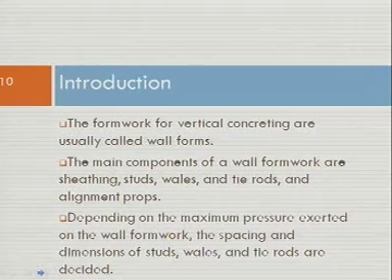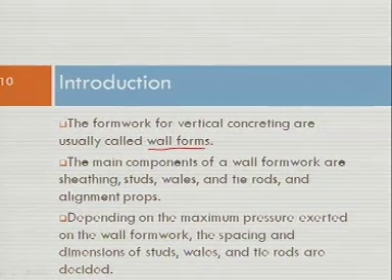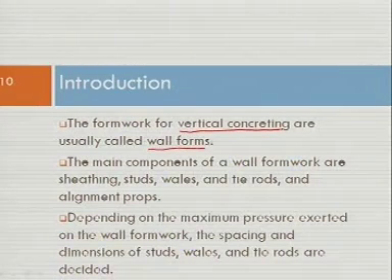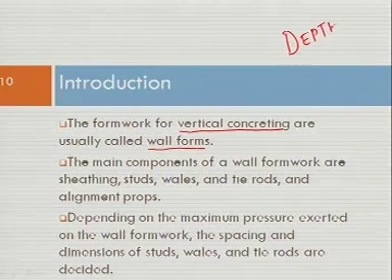Before that, I would just simply define what we mean by wall formwork. As you know, wall formwork is basically the formwork for vertical concreting. In foundation also, if you remember, we had done vertical concreting, but the depth of foundation formwork and wall formwork are slightly different.